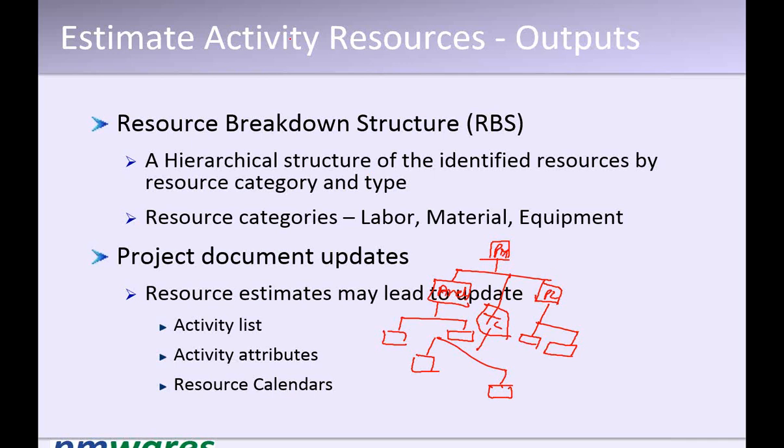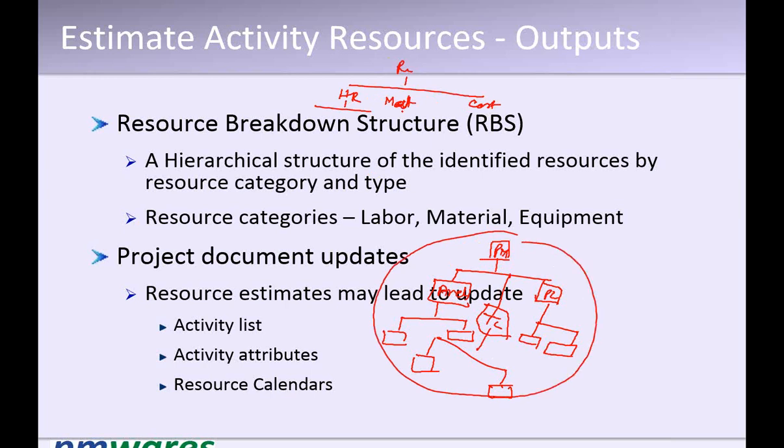We can also do it like at the first level, resources, then we first divide into human resource, material and the cost. Then under HR we can present this hierarchy. In the material we can say what kind of material we are going to procure, so steel, cement, so we can divide this.